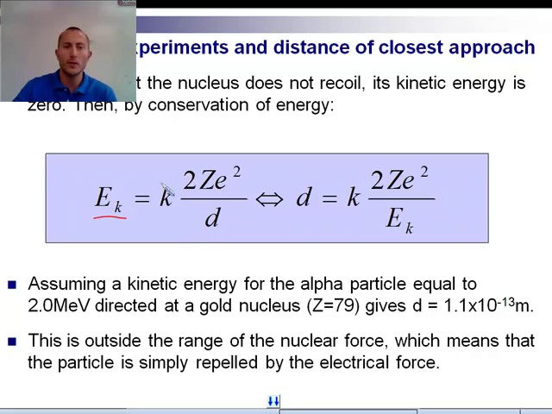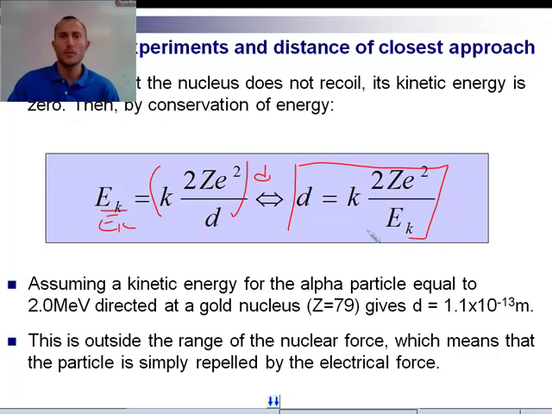Or if we rearrange it, we multiply both sides by d and divide both sides by the kinetic energy. We can get an expression to find that distance of closest approach: how close does the alpha particle get to the center of the nucleus based on the charge of the nucleus, or the atomic number of the nucleus, and the initial kinetic energy of the alpha particle.